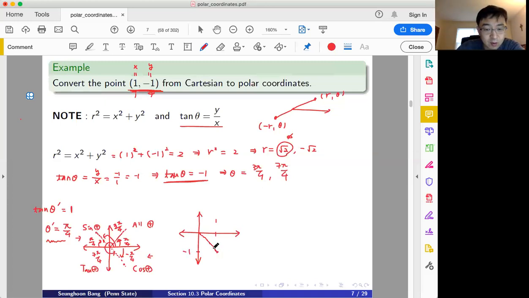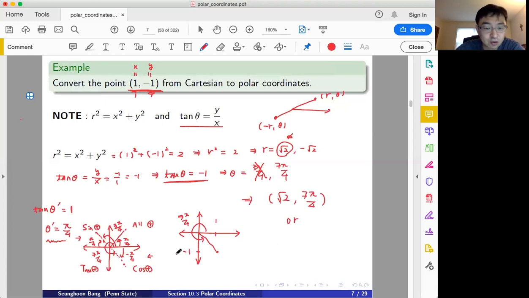So this point, what's the angle? Just this one, exactly 7 pi over 4. Don't choose 3 pi over 4. What's the final answer? The final answer in polar coordinates is: the length root 2, 7 pi over 4.